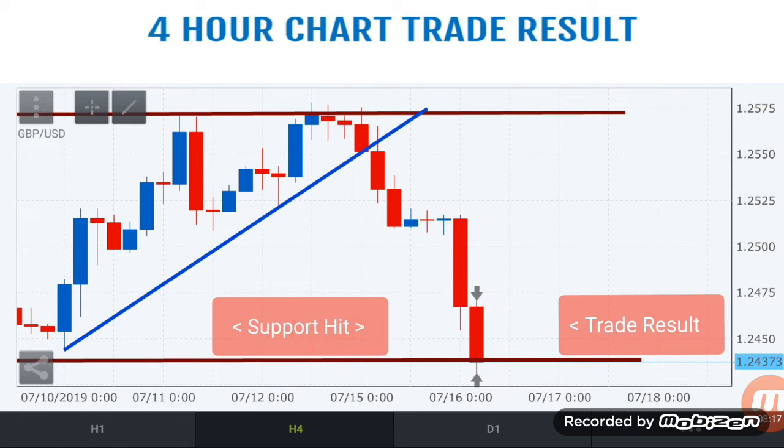Now, in terms of entry and your stop losses and your risk to reward ratios, depending on the risk reward ratio that you have for your trading, you could have entered the market at the close of the candle, placing a stop loss above this high, or you could have waited until the market pulled back a little bit to give you a smaller stop loss and a larger trading gain as the market hits the support target.